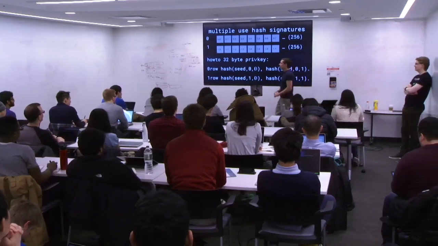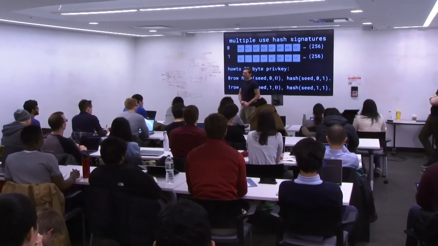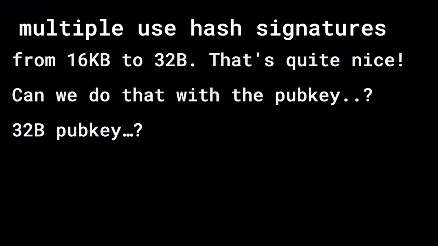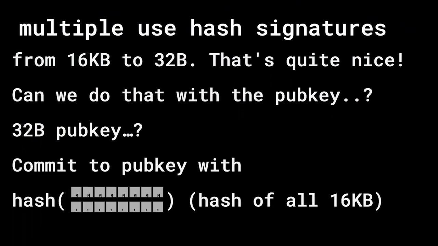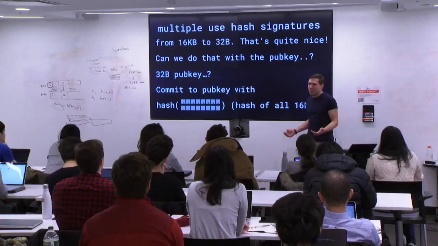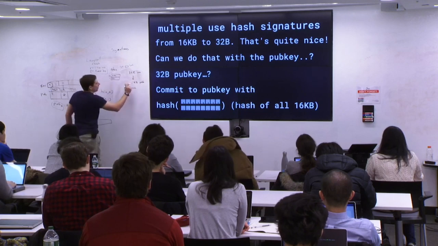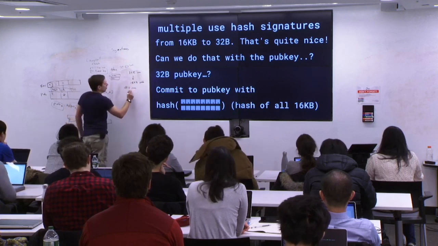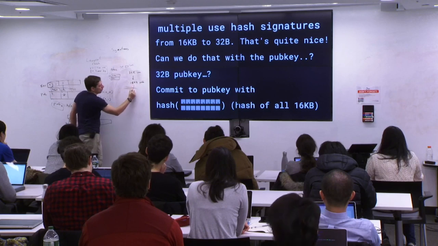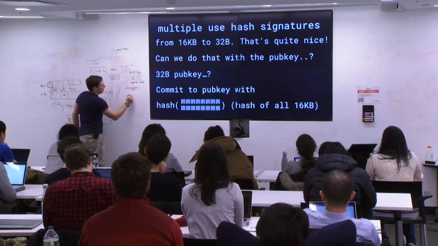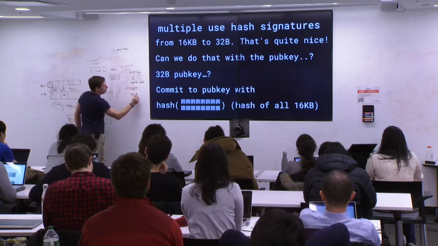So what would you do to make your public keys smaller? Hash them, right. You say, well, 32-byte pub key, you just commit to the pub key with the hash of the whole thing. I've got my 16 kilobyte pub key. I just hash it, and now I have a 32 byte public key.